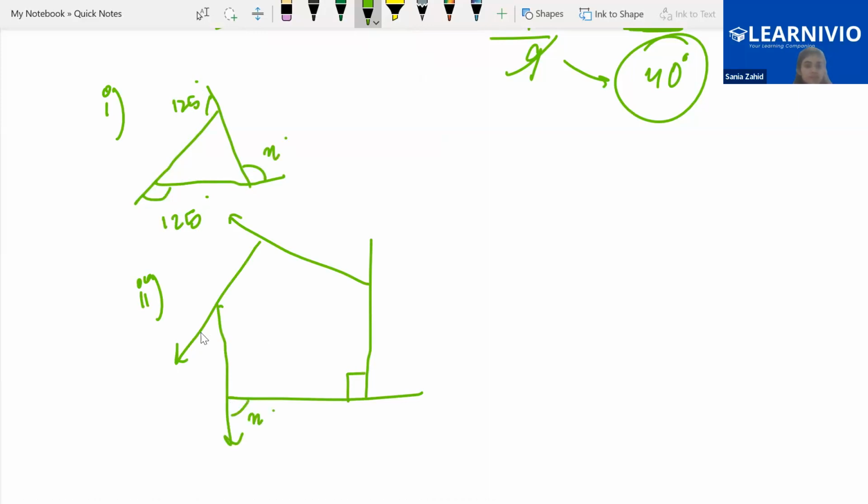This is x, 70 degree. You have to find the value of x in both of these. Okay. Fine.